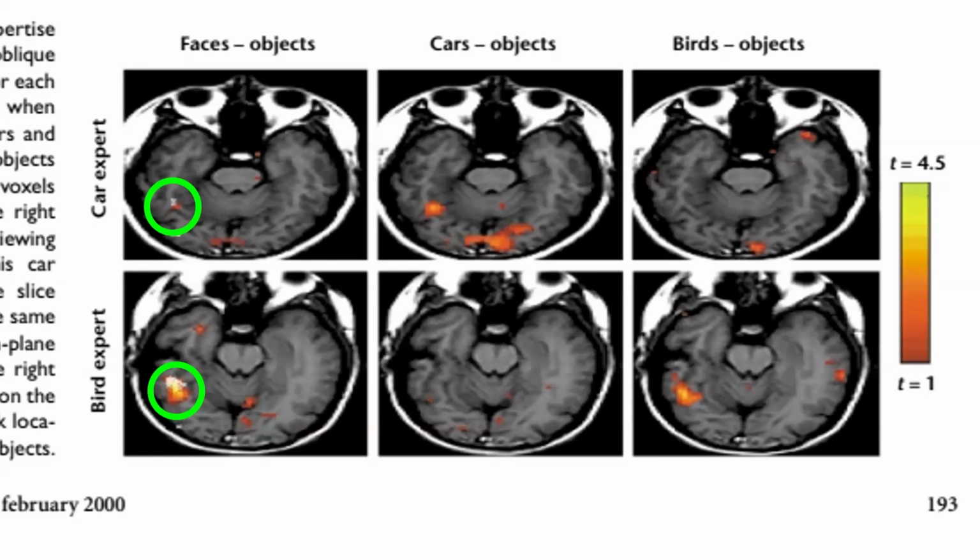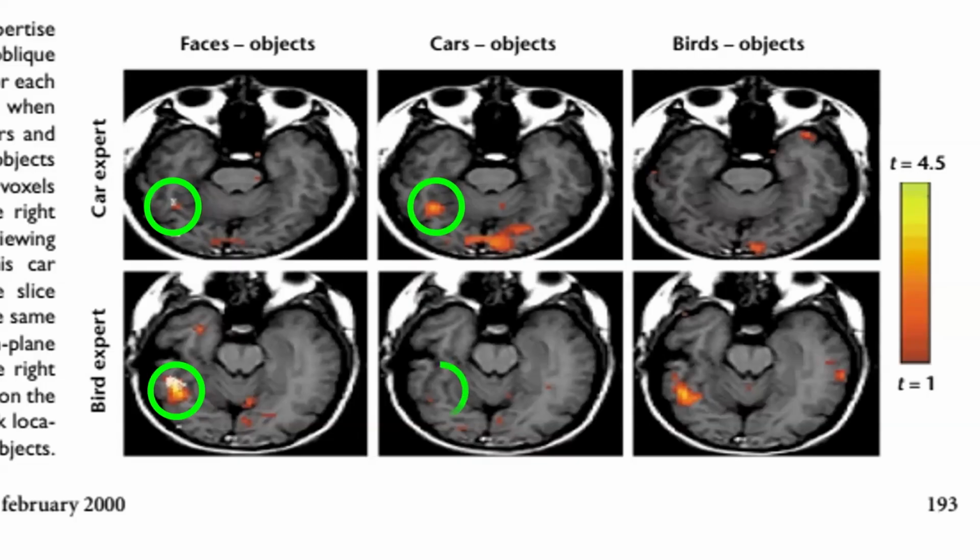However, when you show them stimuli that they are experts in, that fusiform face area also activates, but not vice versa. So when you take a look at cars, for the car expert, when they are shown cars, that fusiform face area lights up.